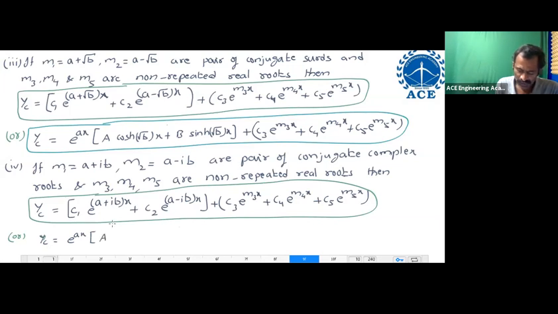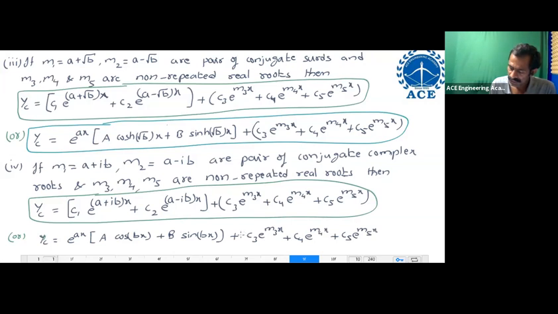Some constant c1 plus i b in place of the capital A, cos bx, plus some other constant b into sin bx, plus c3 e power m3x plus c4 e power m4x plus c5 e power m5x.